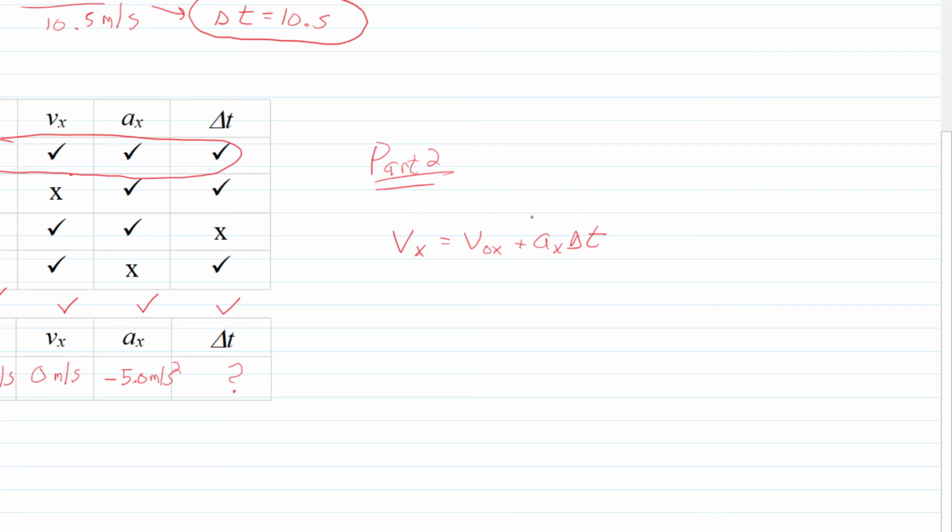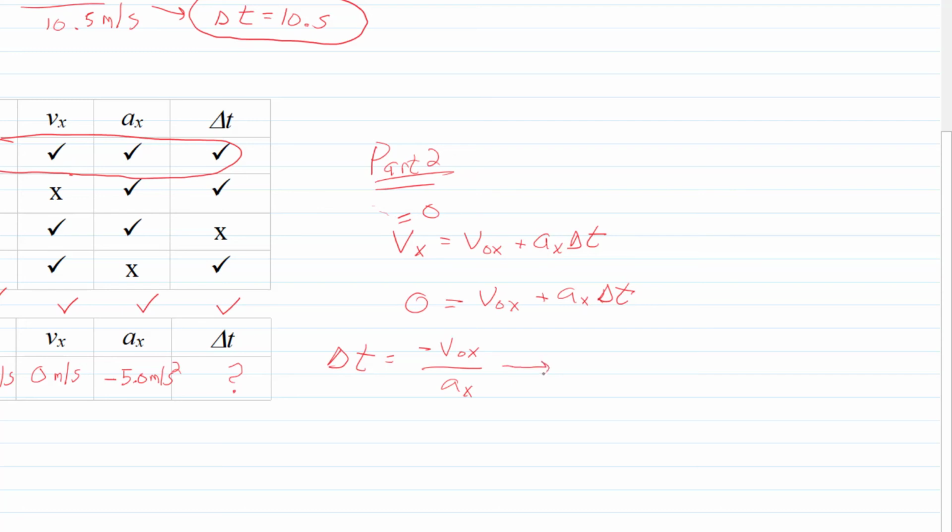So for part 2, my equation is Vx equals V naught x plus Ax delta t. We end up at rest, so our final velocity is 0. This reduces to 0 equals V naught x plus Ax times delta t. Solving for my elapsed time, delta t is -V naught x divided by Ax.